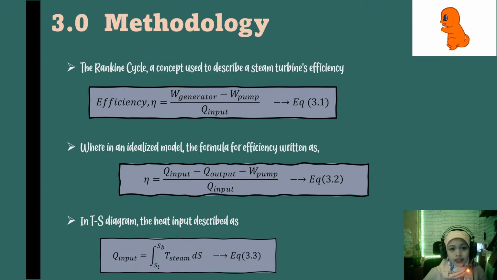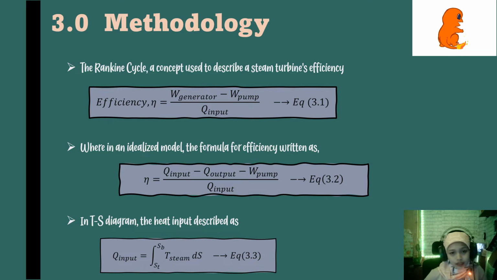Next, I will explain the methodology part. First, I will explain all the formulas used to get 18 kilowatt work from the turbine. Firstly, the Rankine cycle, which is the cycle that is used in our steam power plant.